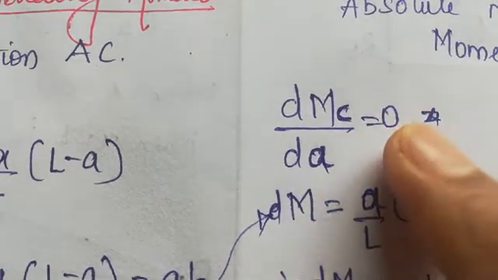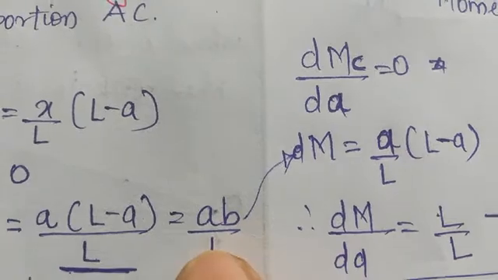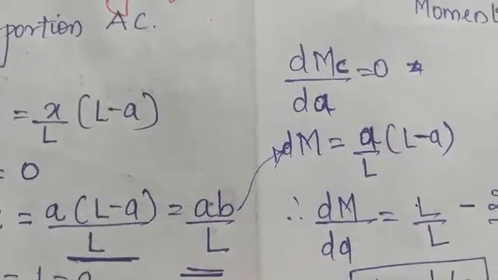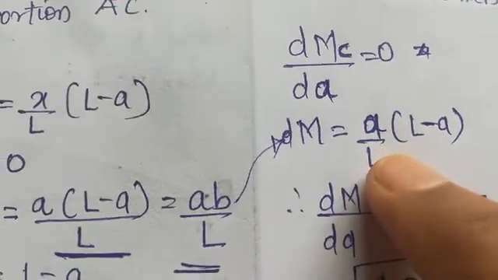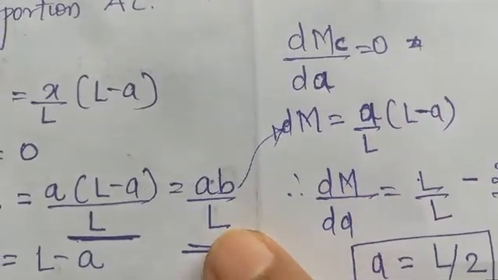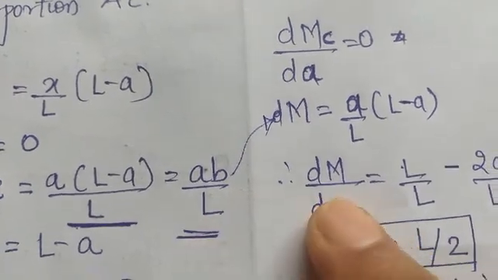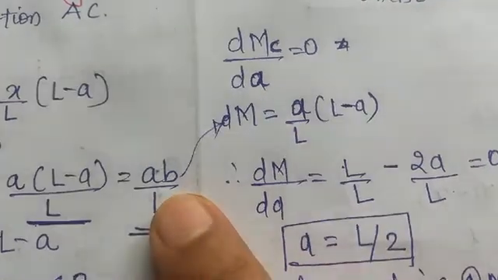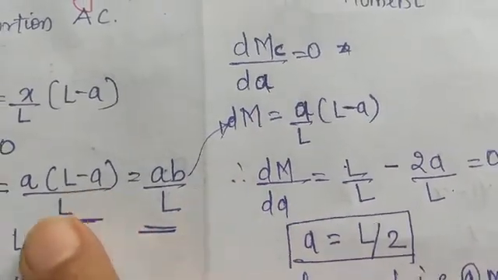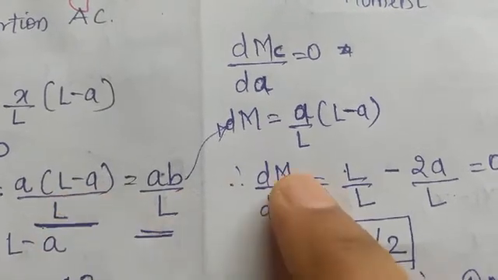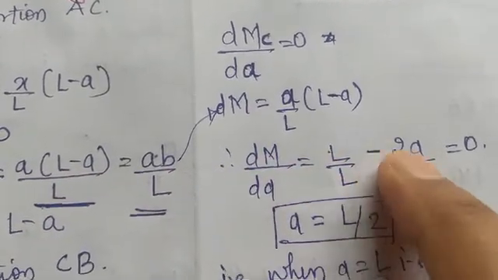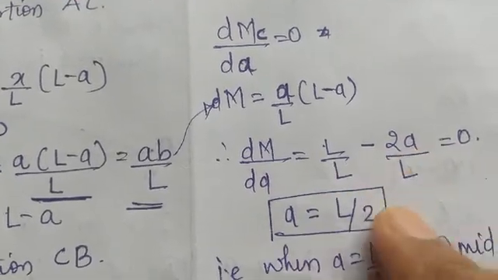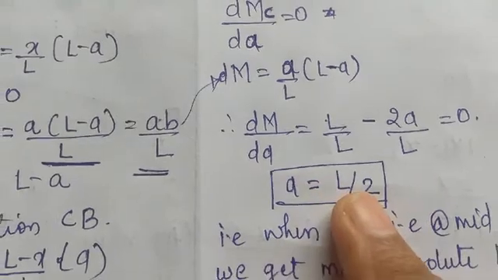I'll differentiate moment at C with respect to A, because my A is varying with respect to the load. Now if I differentiate this, what will I get? The equation I'll be getting is A into L minus A divided by L. I will be getting L divided by L minus 2A divided by L is equal to 0. From that equation I'll get A is equal to L by 2.